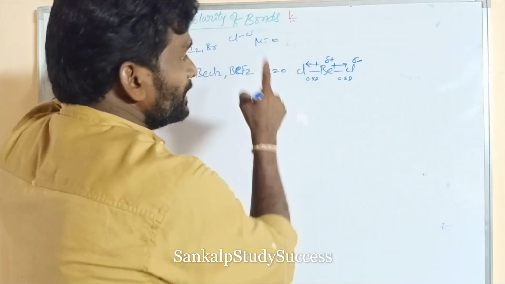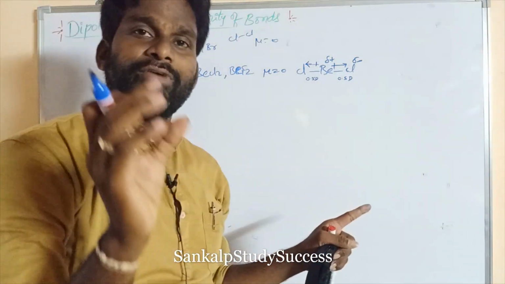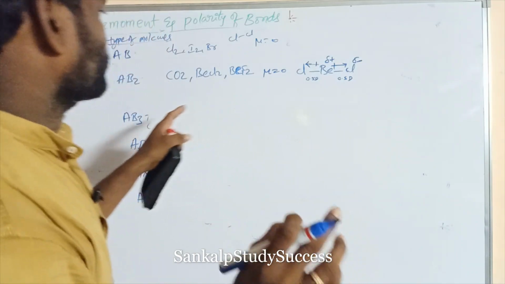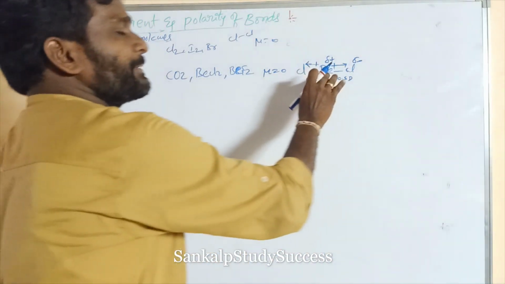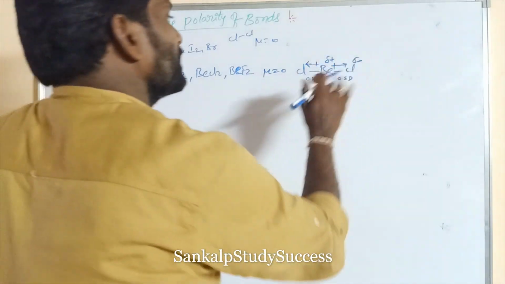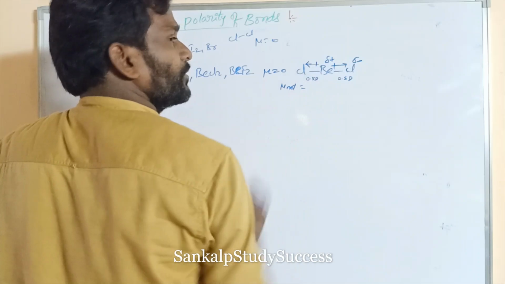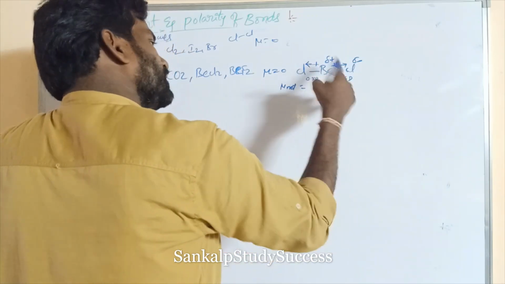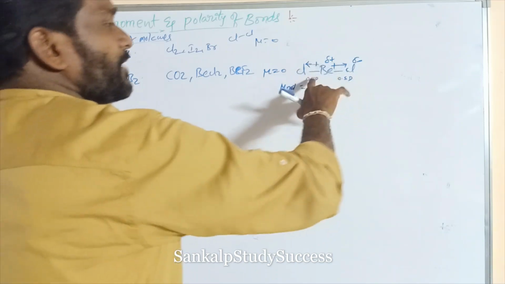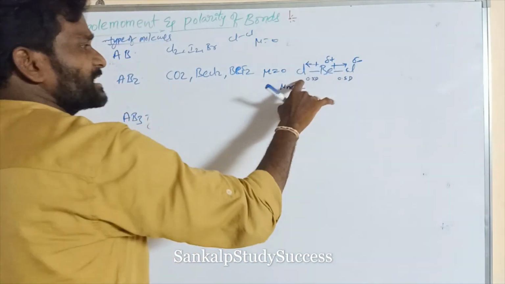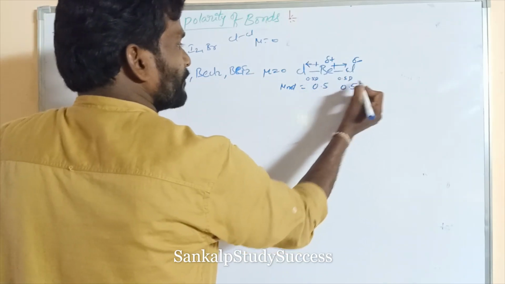But we know that dipole moment is a vector quantity, which means it depends upon direction. So the net dipole moment mu net is equal to the vector sum of bond moments. What is the bond moment? 0.5 and 0.5.